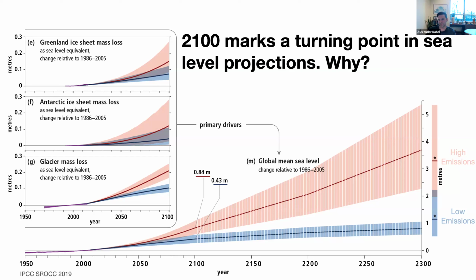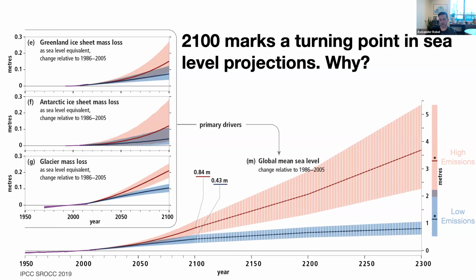So answering these questions is important. And really 2100 is an important turning point, both because that's when high and low emissions trajectories start to diverge, but also because that's when the increase in uncertainty, which is denoted by the shading bars on this plot, starts to really be amplified.